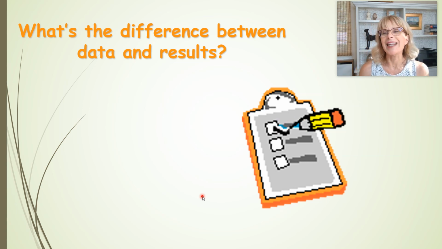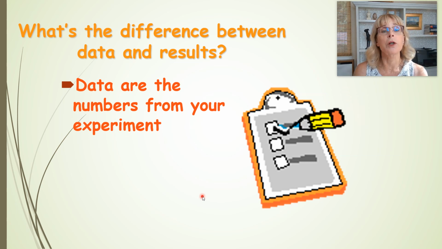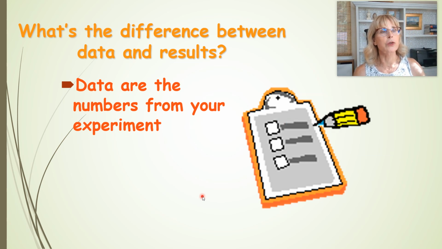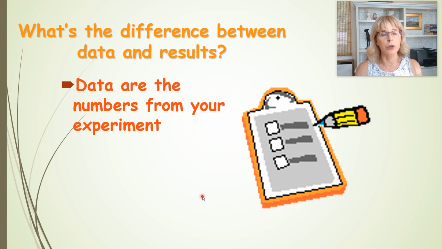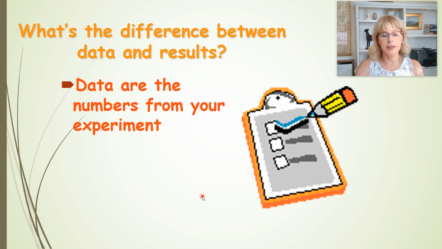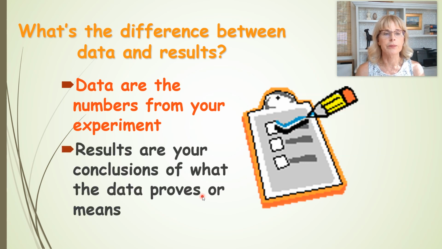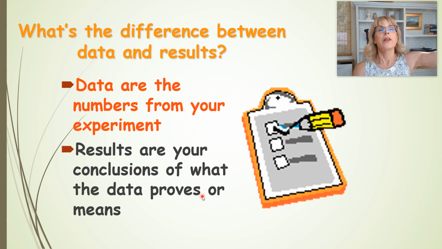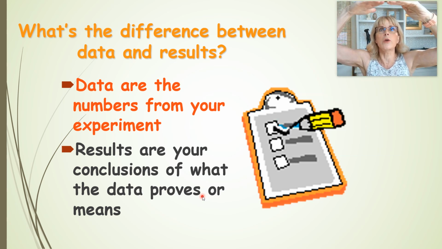What's the difference between data and results? Okay, data are the numbers from your experiment. This amount of light on average, plants grew 6 inches. This amount of light on average, plants grew 10 inches. That's the data. What are the results? They're the conclusions, right? That the plants, as they got more sunlight, grew faster up until they got this many watts.